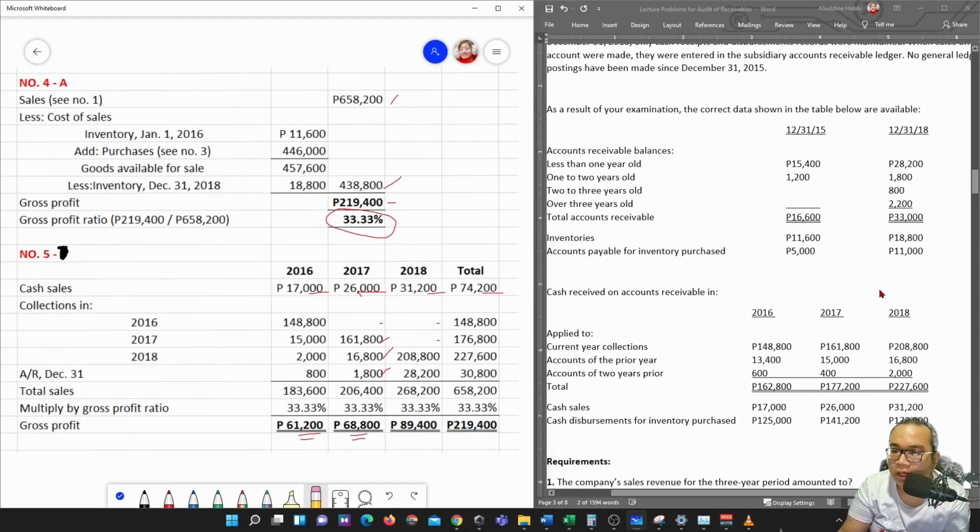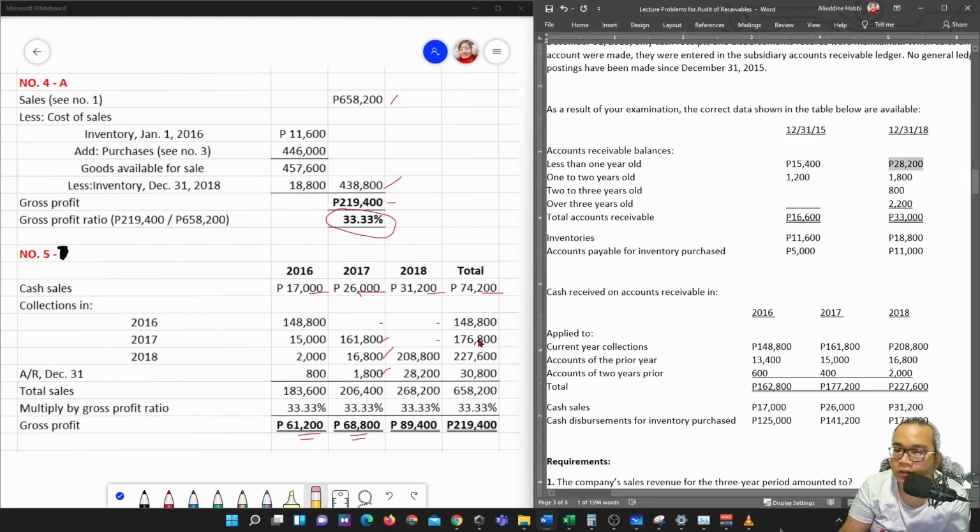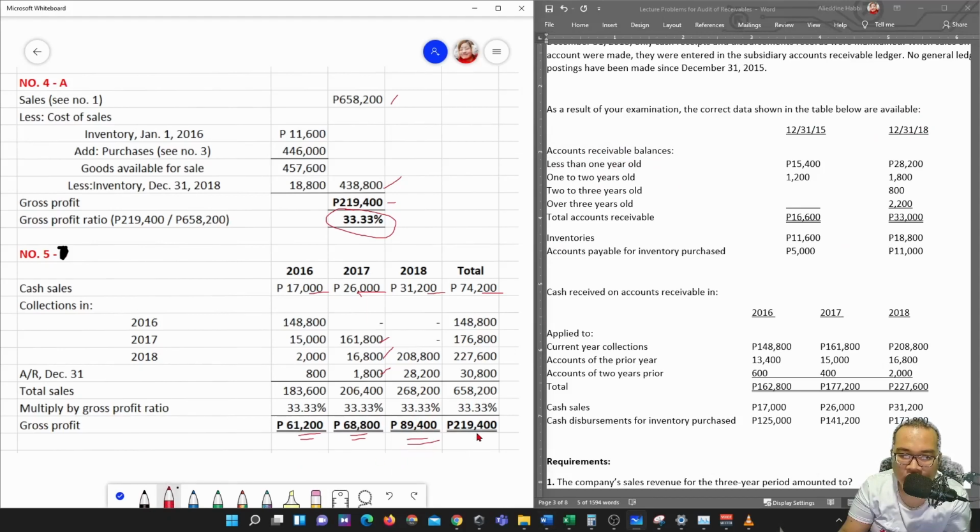Pero, yung ending balance mo for the AR is 28,200, kasi less than 1 year old. So, alam mong, from December 31, 2018, in the year 2018 yan nangyari ang transaction na yan. So yun, add mo 268,200 times 30%, meron ka ng gross profit.